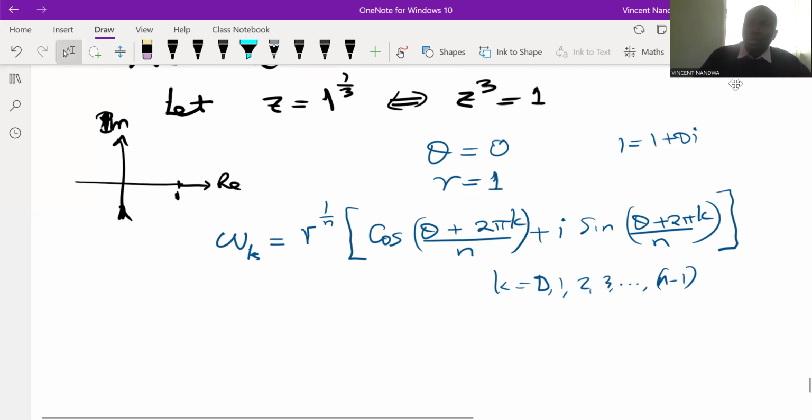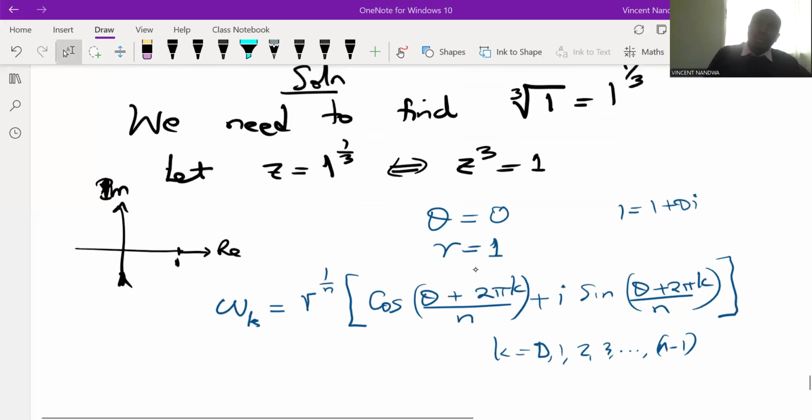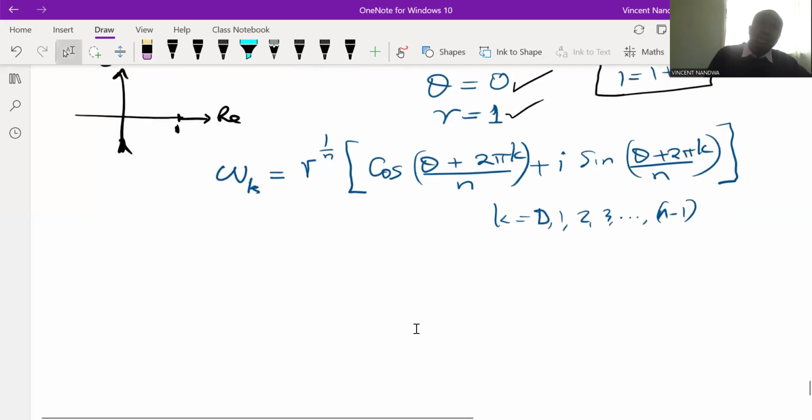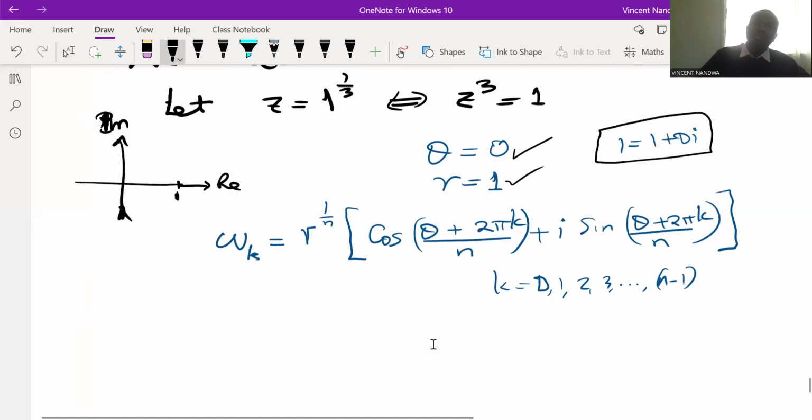So this is what we derived when we were introducing the concept of roots of complex numbers. When the complex number is 1, then it's very easy to see that r is 1 and theta is 0. And we are dealing with n equals 3, the cube root of this complex number 1.